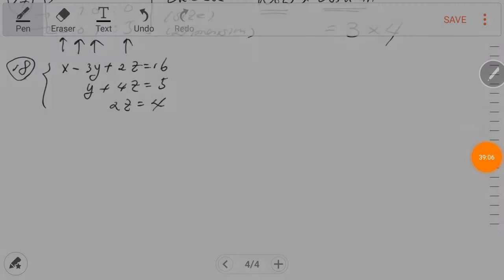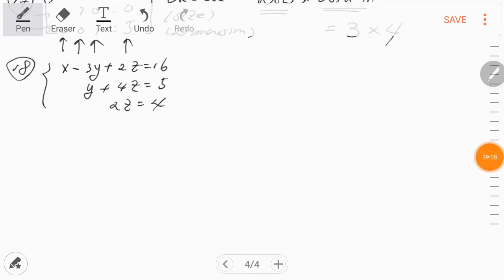Okay, let's find the value of x. In this case, we have to do back substitution. Back substitution means from the last row we find z, then substitute the z value in the second equation and so on. So from the third equation, the z value is what? Divide each side by 2. Then z equals 2.